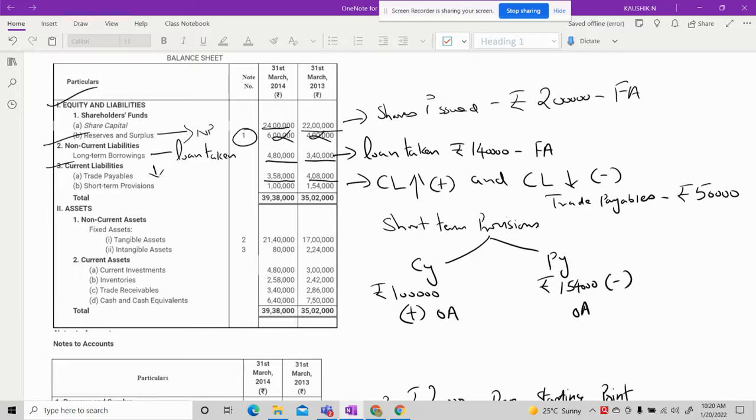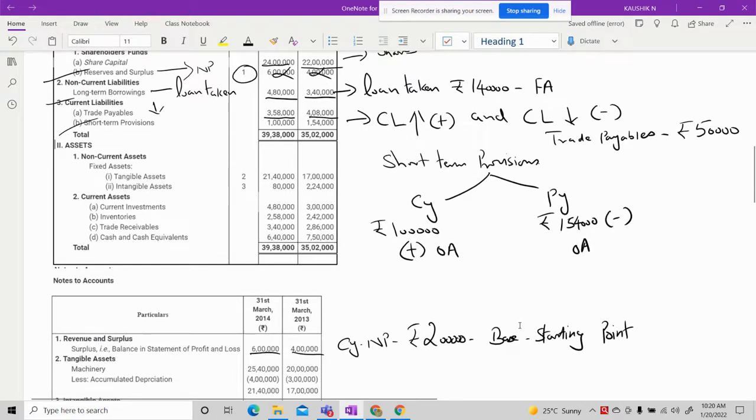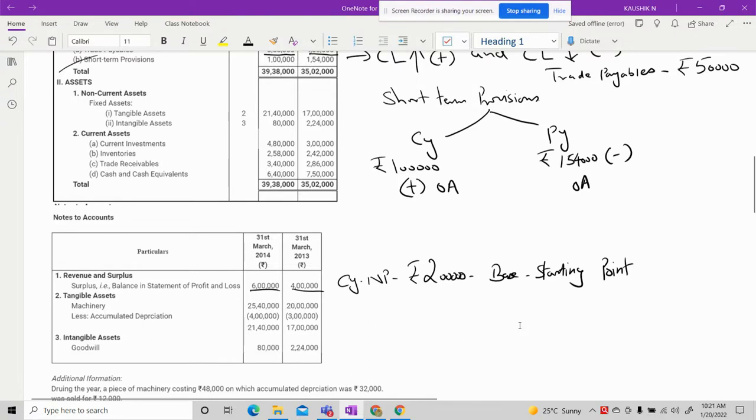And now moving on to our next segment, which is non-current assets. So non-current assets are nothing but your fixed assets. Here they are categorized into two: tangible, where you have note number 2. Just come back to note number 2.